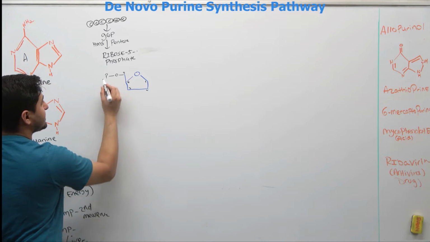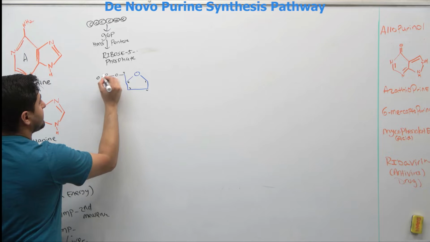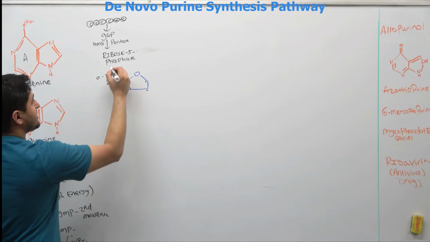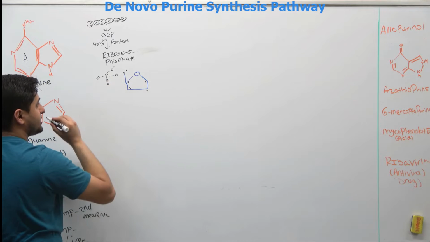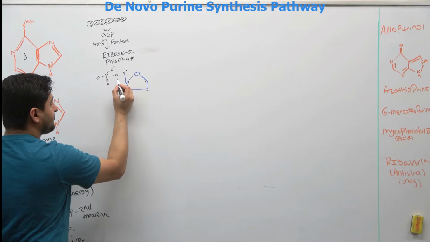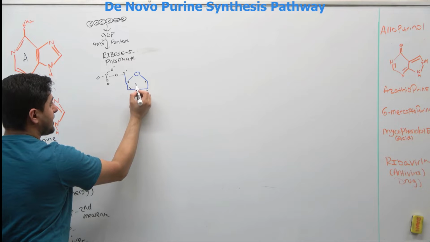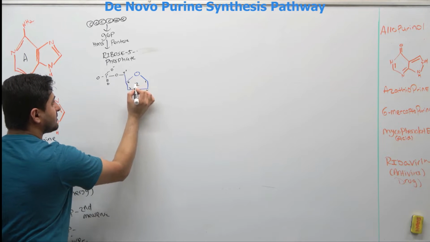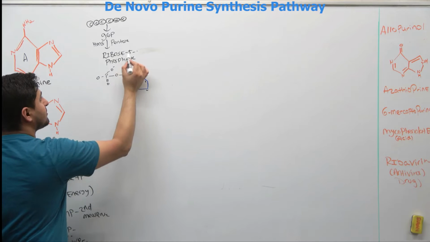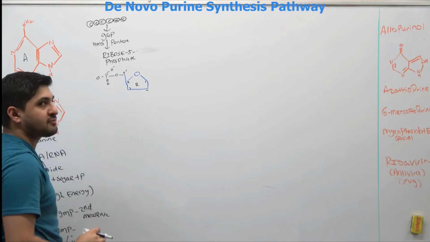So you have oxygen right here, and this is PO4 3 minus. So at carbon 5 prime, a phosphate is attached. This is a ribose sugar, and at the 5 position, there's a phosphate. That's why we call it ribose 5-phosphate.